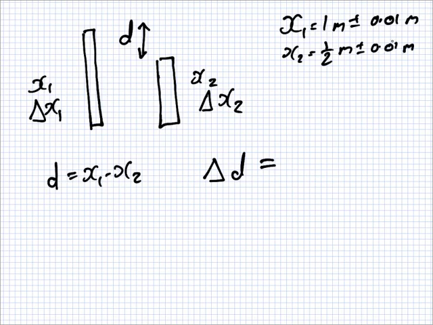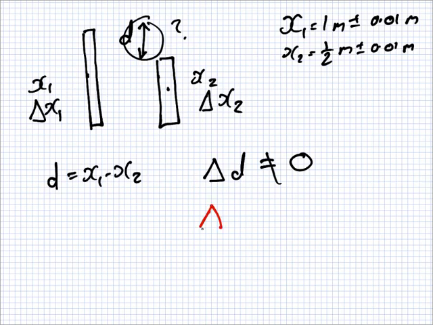You can't really say the error is 0, because that would mean both measurements were not perfect, but now the difference is perfect. So it can't be 0. You don't subtract the errors. So what do we think we do?